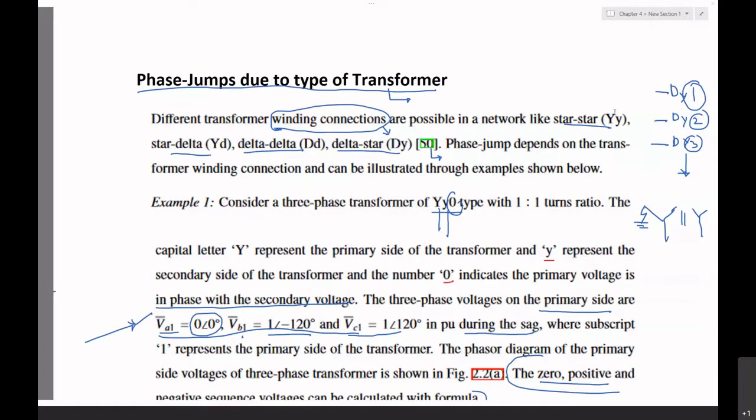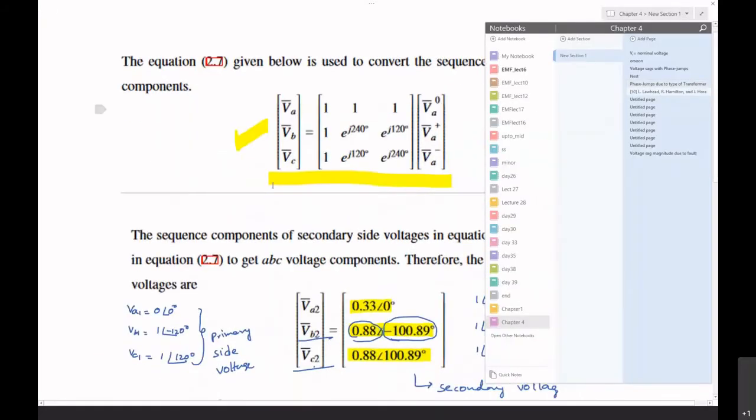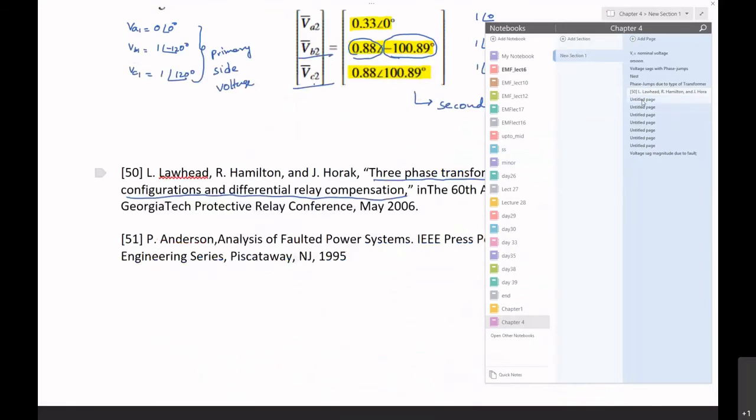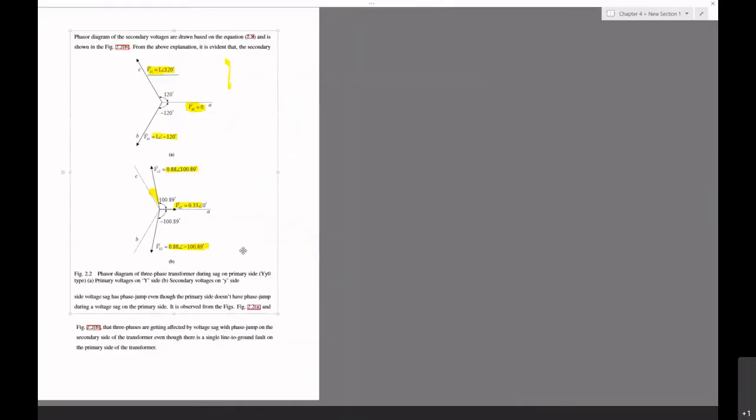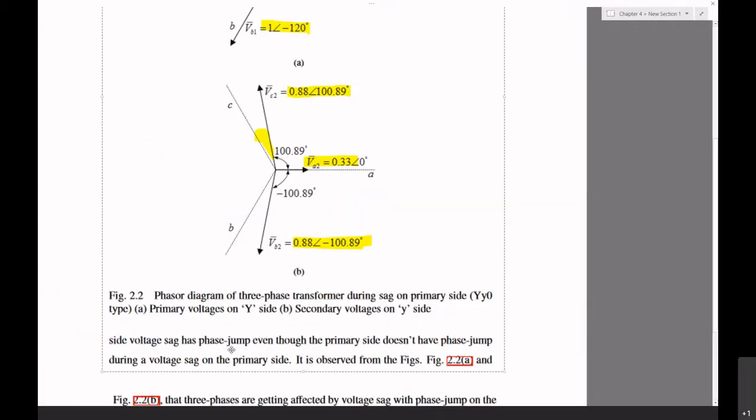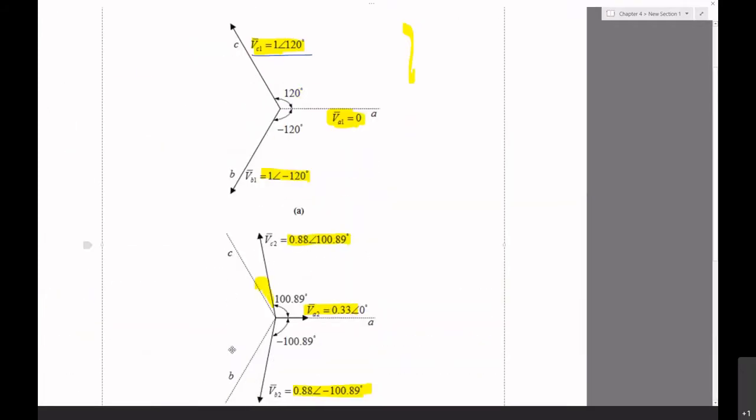We have seen one example, and how the transformation of the fault works. If a fault has occurred on the primary side, how does it reflect to the secondary side? We observed in an example that, with respect to the primary voltages, the secondary voltages have a phase shift.